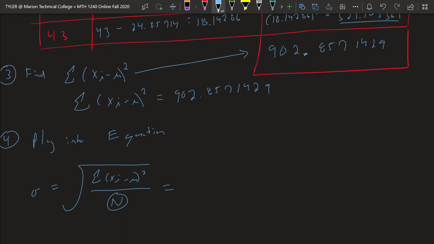We have this piece and we have this piece. So we just need to plug in those two things, right? So this is going to be equal to the square root of, so that top thing we found up here, that's 902.8571429, and n we already found to be 7, right? Capital N.